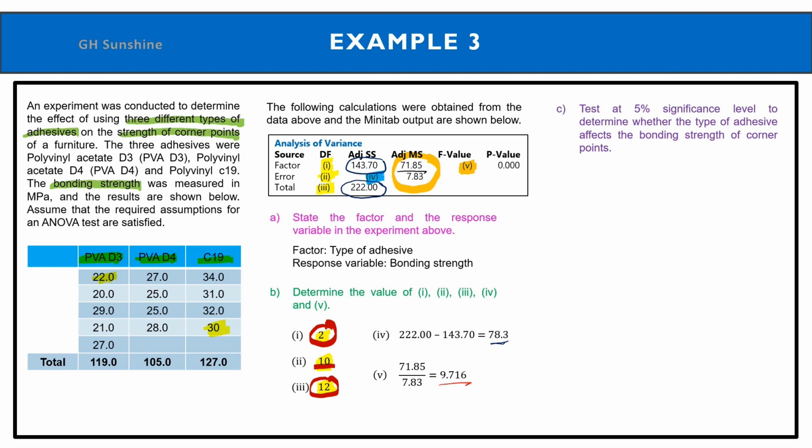Next question C. Test at 5% significance level to determine whether the type of adhesive affects the bonding strength of corner points. So you must use 5 steps. Okay, so given the Minitab output, you can use this value, the P value here.